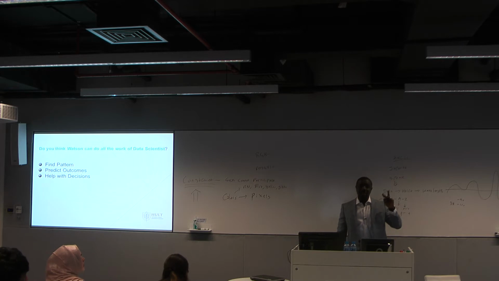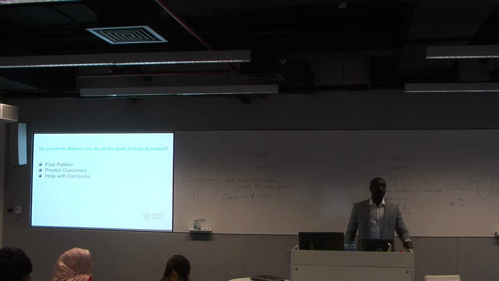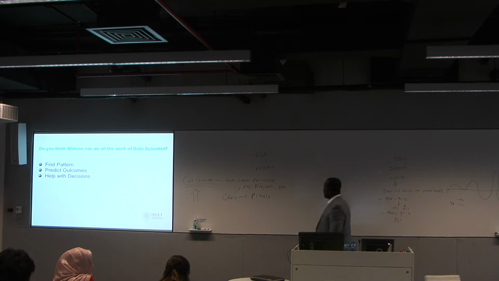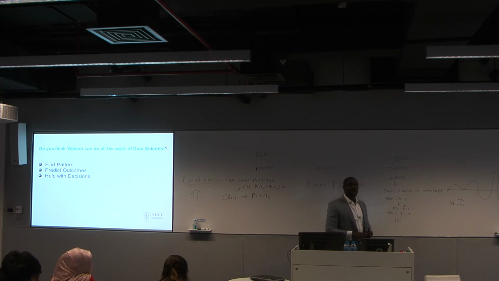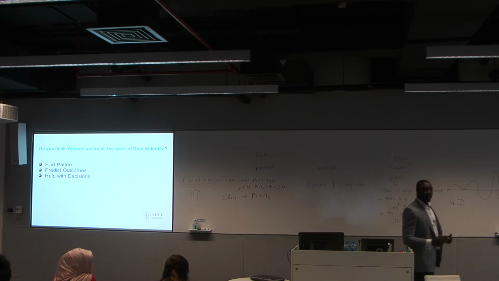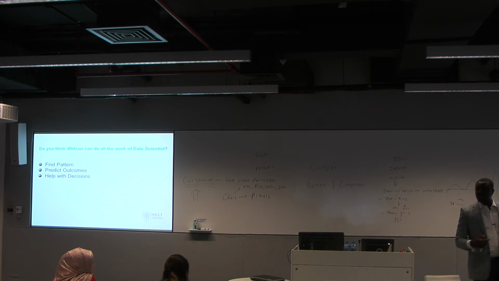Good. That's actually what I want you guys to reflect on. And remember that at least for the next few years, I don't know what would happen in 100 years' time, but any complex problems for at least for now will require humans. So in the near term, I don't think that Watson will replace all the data scientists because these are really complex problems.